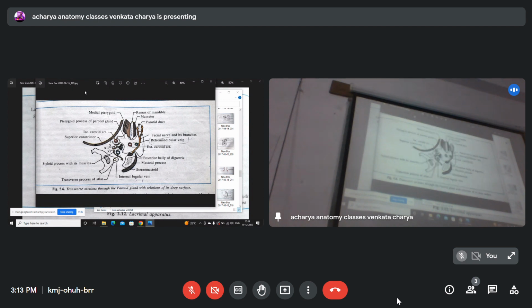Hypoglossal. The 9th one is glossopharyngeal, 10th is vagus, 11th is accessory, 12th is hypoglossal nerve. So nerves and relations. Okay.